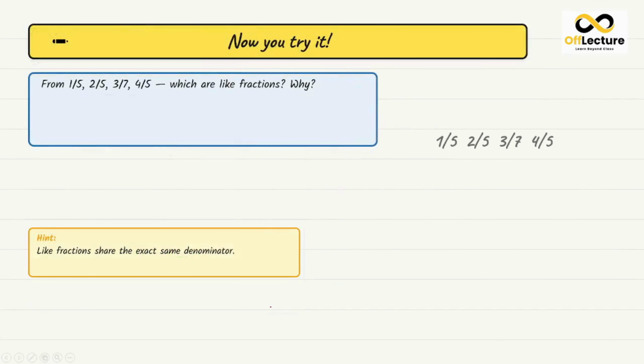Now you have to tell me, from 1 by 5, 2 by 5, 3 by 7 and 4 by 5, which are the like fractions and why? Pause the video, take the help of the hint, that like fractions share the exact same denominator, and tell me which of these fractions are like fractions.